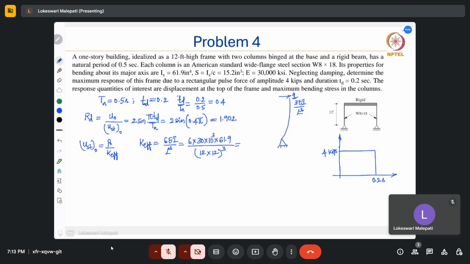So after evaluating, this gives a value of 1.865 kips per inch.